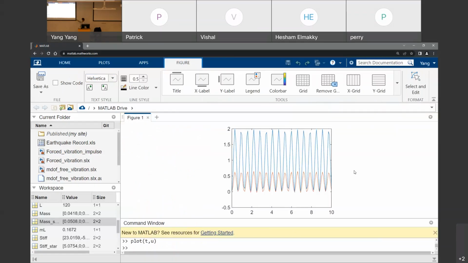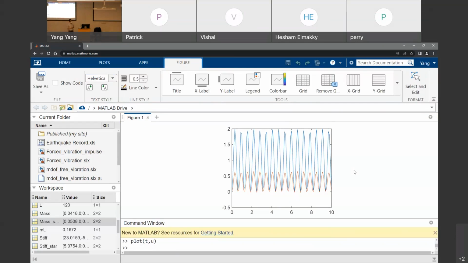That's the responses, and so the responses of the two methods, one in blue and one in red.